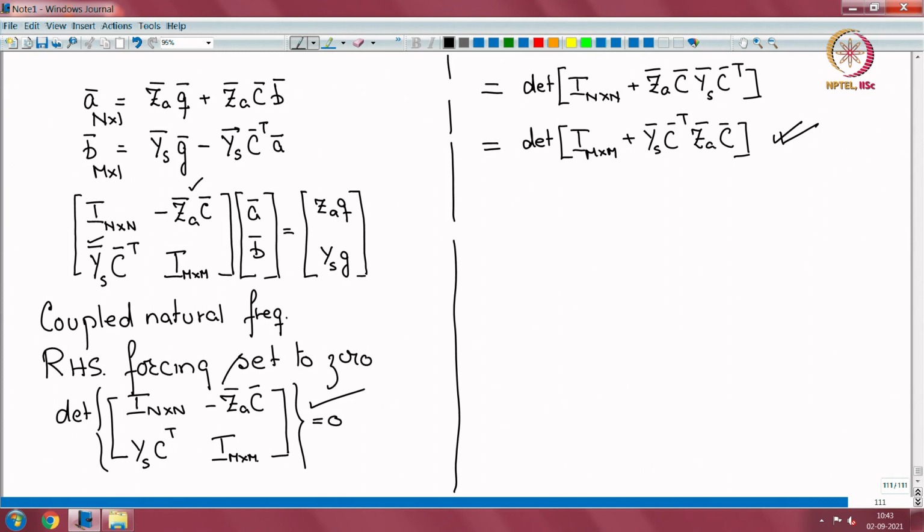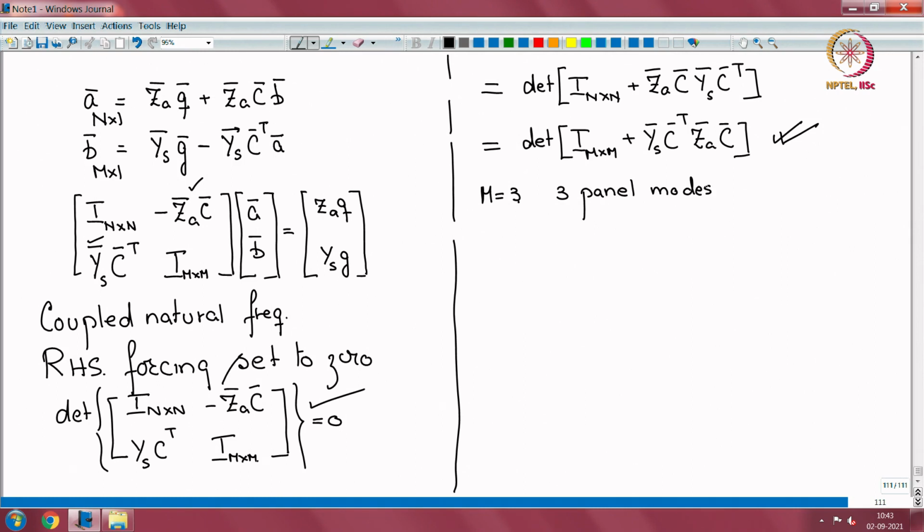Okay. Now suppose we consider m equal to 3, that means 3 panel modes or 3 plate modes.